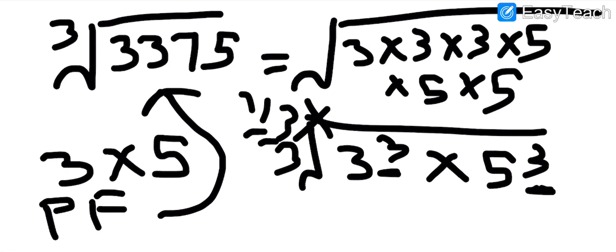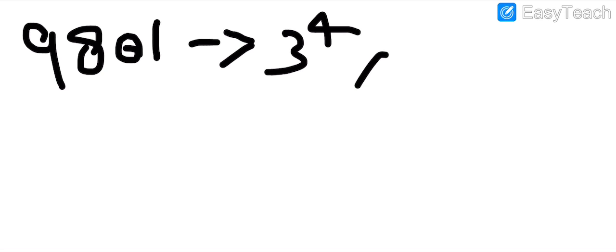Now I will be moving on to question number 4 for the prime factors. Question number 4 is, given that the prime factorization of 9801 is 3 power 4 into 11 power 2. This is what is given in the question.